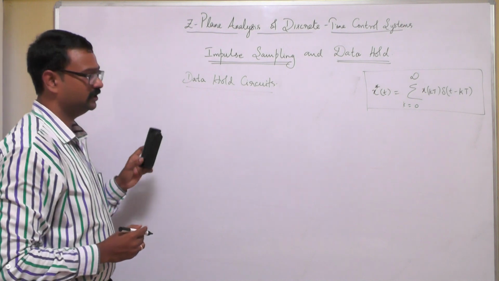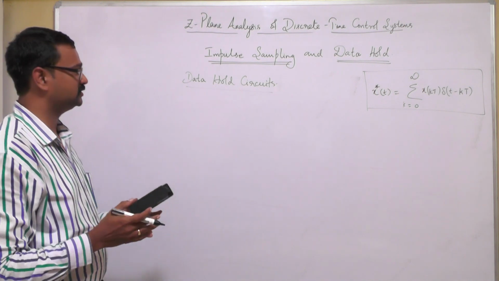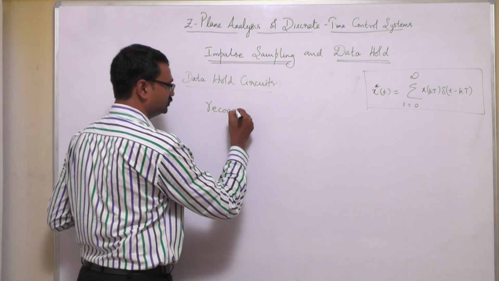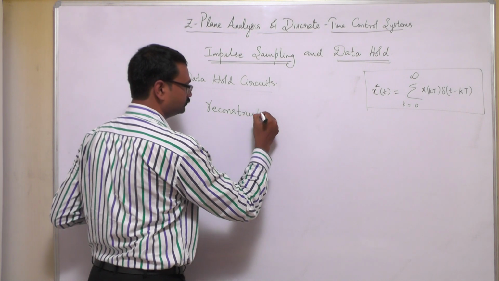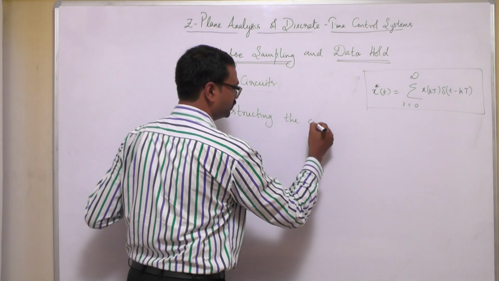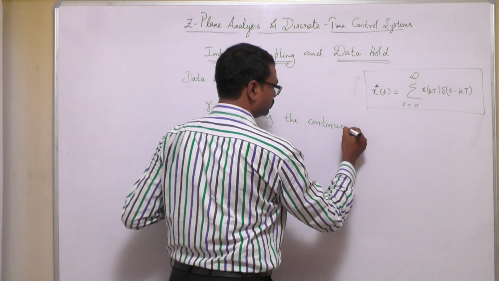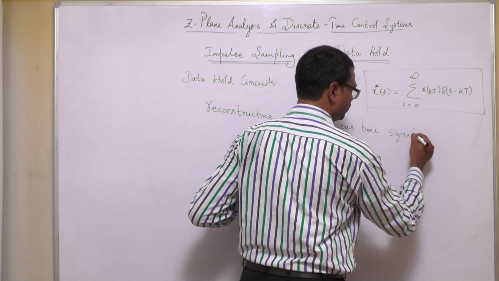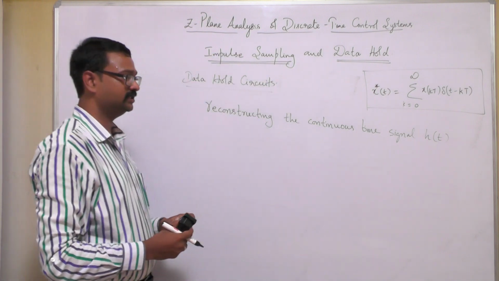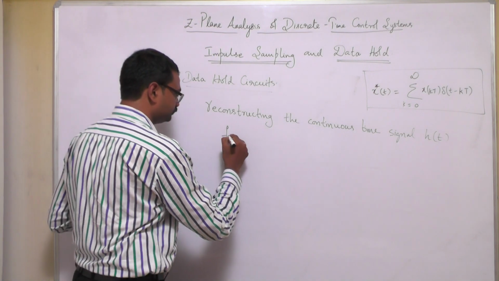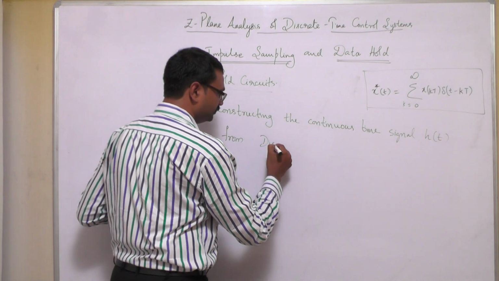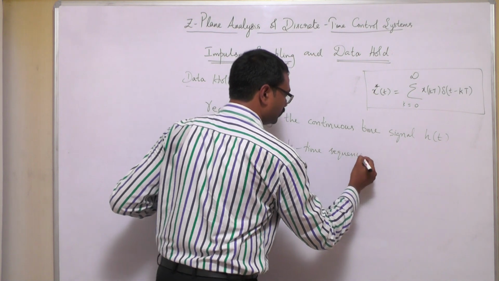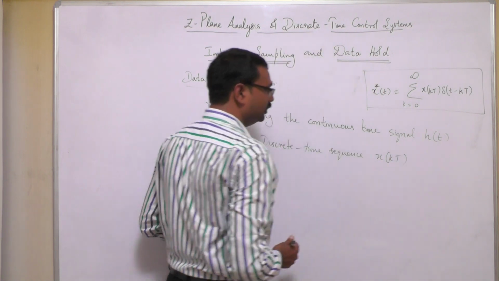Data hold circuits help us in the process of converting or reconstructing, you can use the technical term reconstructing, the continuous time signal, which I will name h of t, because it is a hold circuit, from a discrete time sequence x of kT.